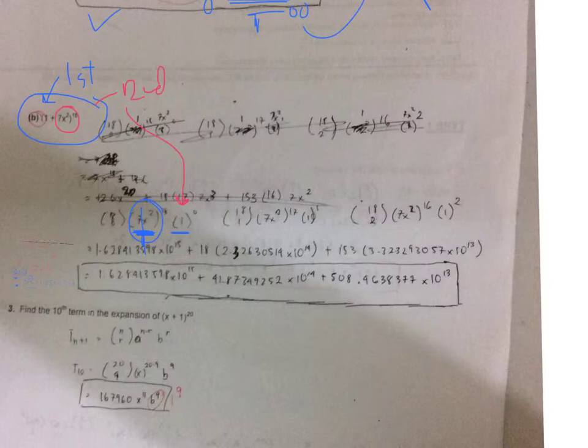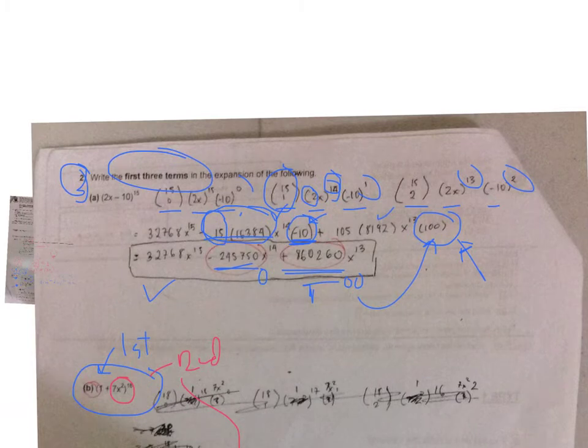Do not interchange them because you're looking for the first three terms. You cannot interchange if you're just looking for the first three terms. If you will interchange them, you will be getting the last three terms instead. Okay? So these three terms here that you can see are actually the last three terms. But if you go back to my question, I want you to find the first three terms.